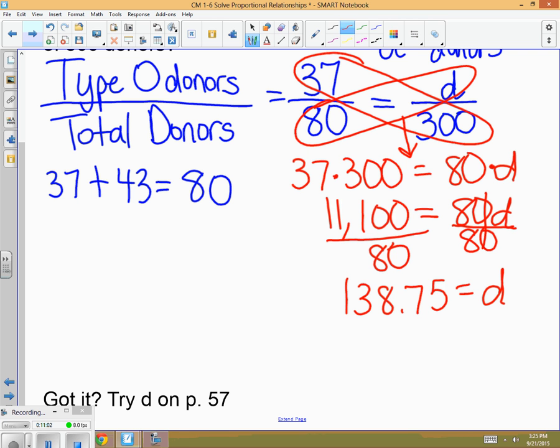We can only have whole numbers as people. So to answer the question, we might need to round up in this case. Now looking at 138.75, I'm going to round up to the nearest whole, which makes it 139.